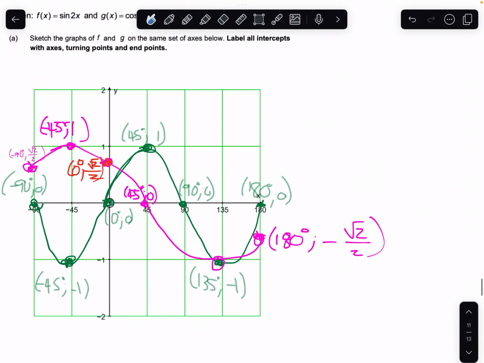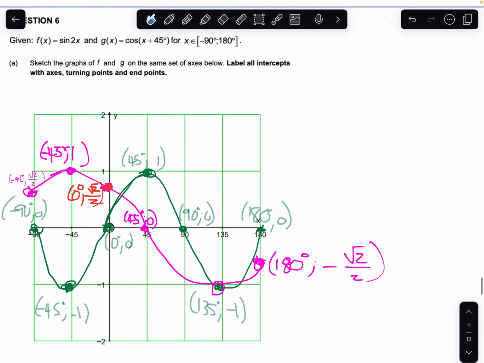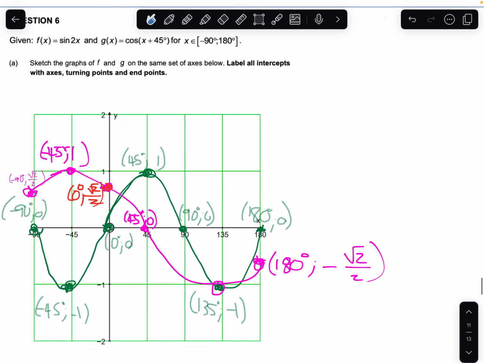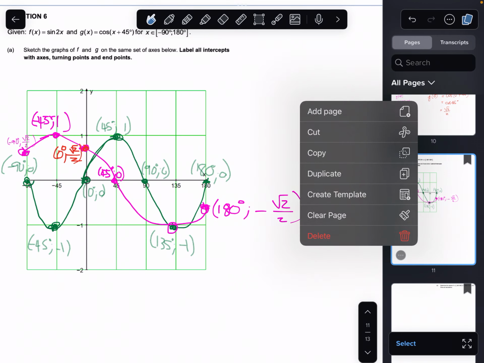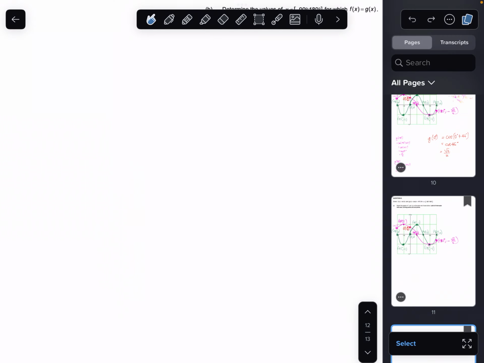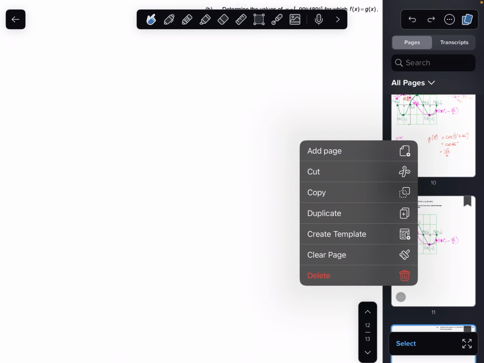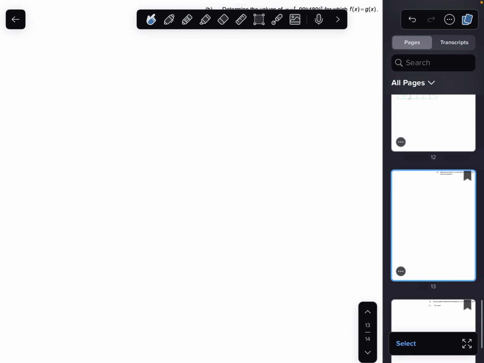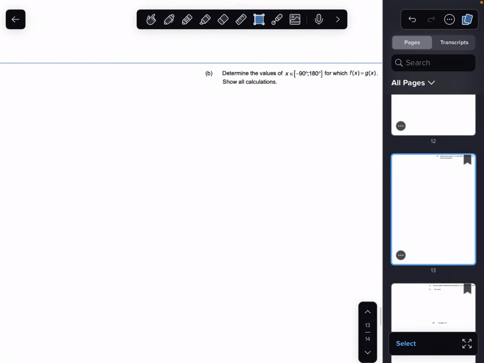So, okay, that looks better. I'm going to duplicate this as well, so that question C can also use the same graph. Okay, now we need to move the questions.